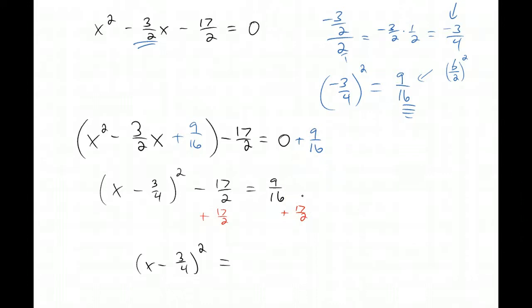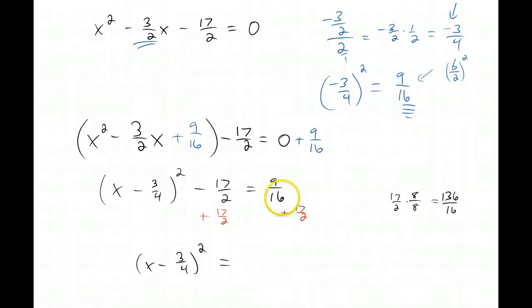To do addition of fractions, you need a common denominator. So that common denominator is going to be 16. So 17 halves you're going to turn into something that has a denominator of 16 by multiplying by 8. Hopefully you know how to do this already, so I'm doing it kind of quickly on the side here. Unless I've made a mistake, I hope I haven't, 17 halves is the same as 136/16.